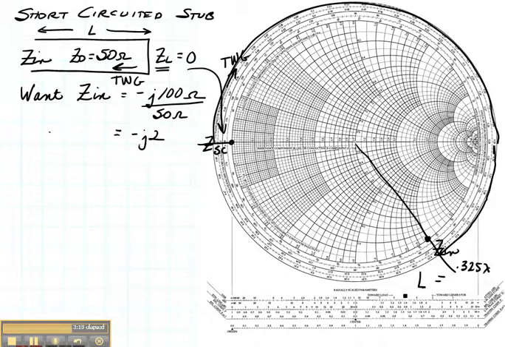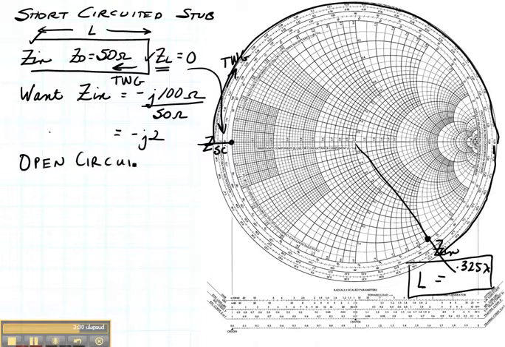This is the distance L. We have found the length of a stub that will allow our short-circuited load to become the input impedance that we want. The length of our stub is given right here. It's 0.325 wavelengths.